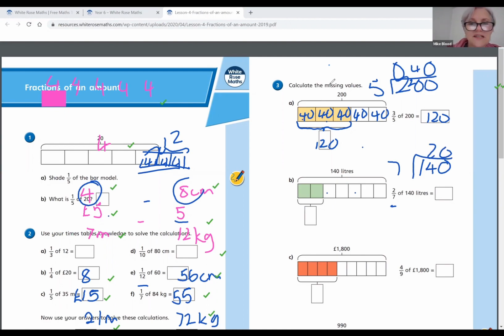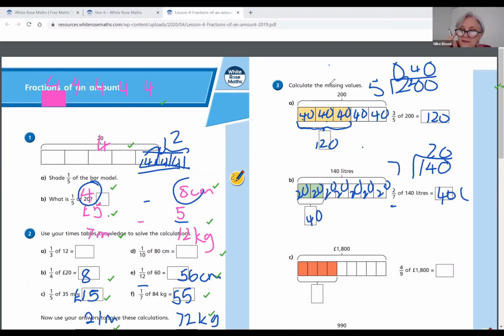I think you know it's 20. So each one of those is 20, and I want 2 of them. So 2/7 is 40 litres.